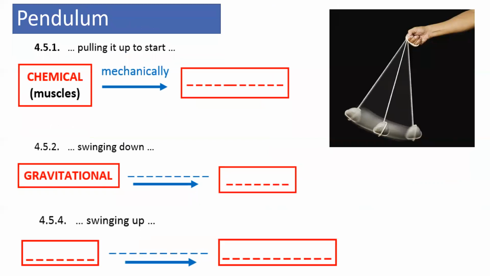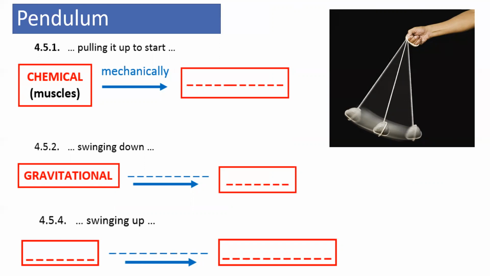Now we're going to talk about a pendulum. A pendulum is any object that moves to and fro, and as it moves, it tends to dissipate energy. So after some time, the pendulum will not have enough energy to make it move. Now, a pendulum starts up with chemical energy in the muscles, or it could be chemical energy in anything.